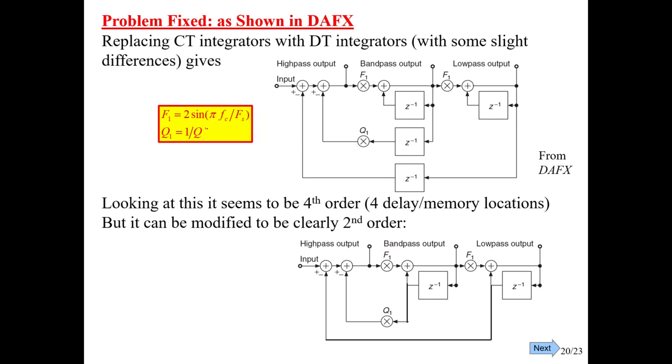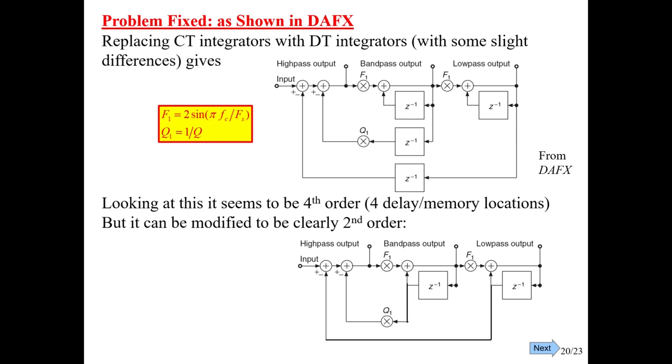If you want a specific Q, you take its reciprocal, and that's what goes in here. This is very similar, aside from the sine, which just comes from, no surprise, when we convert from continuous time to discrete time, kind of like a bilinear transform-ish thing. So now we have it.